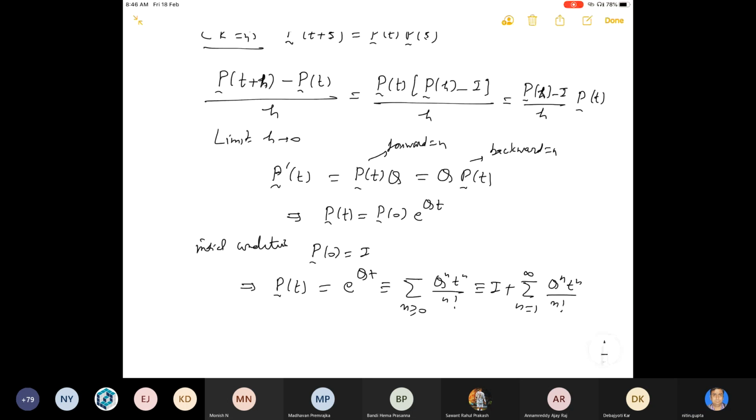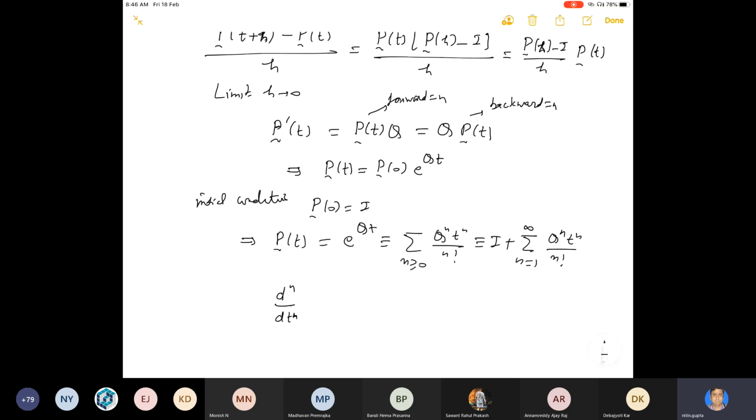So now these are the solution for P(t). Now let us take the derivative, d^n upon dt^n of P(t).